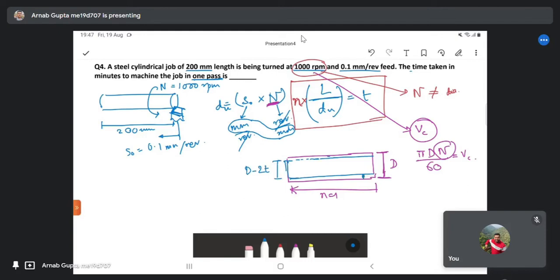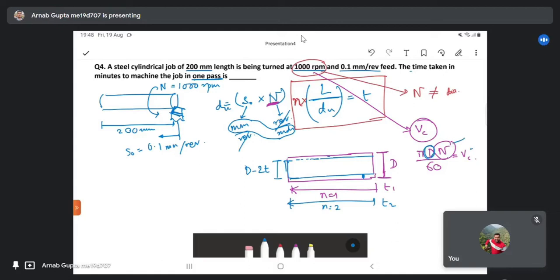Your diameter is reduced, so for n equal to 2, that is the second pass, your time of machining will also change. Say this one is T1, so this is T2. Here you have to find n by substituting d minus 2t in place of d, and accordingly you are given the value of Vc.